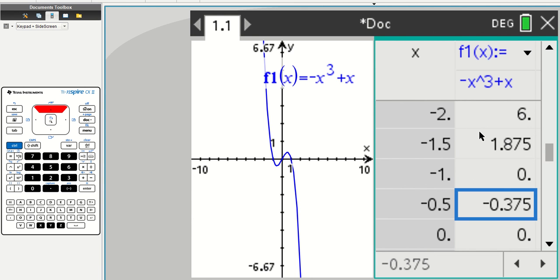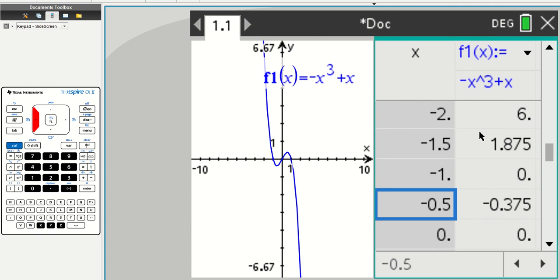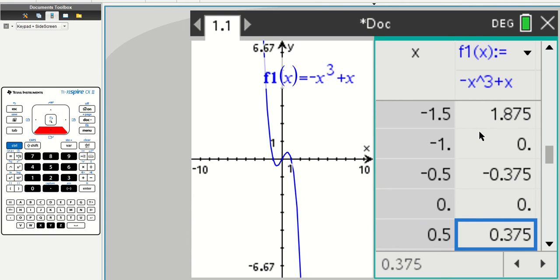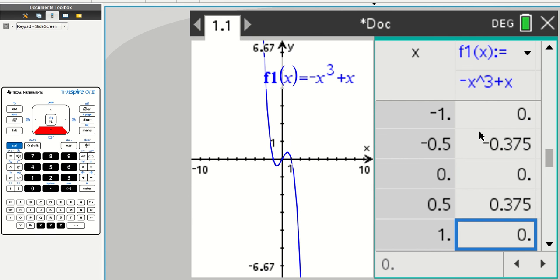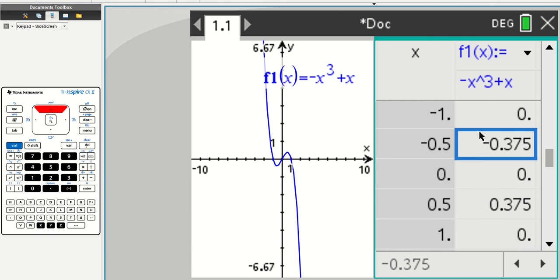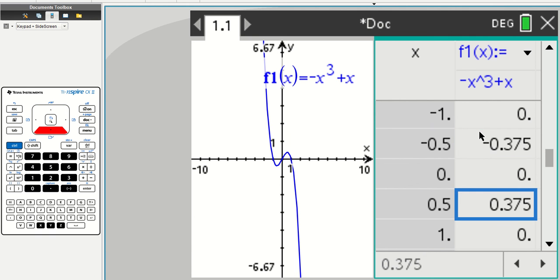So that means my function was decreasing all the way to about -0.5, and then it goes up, and the reason I know this goes up is because we went from a negative to 0 up to a positive. So that tells me that from about -0.5 all the way up to about 0.5, my function was increasing, and that follows what we have here in the graph.